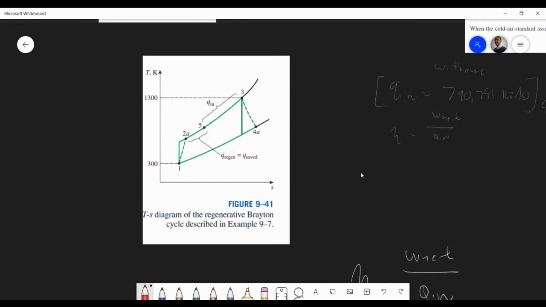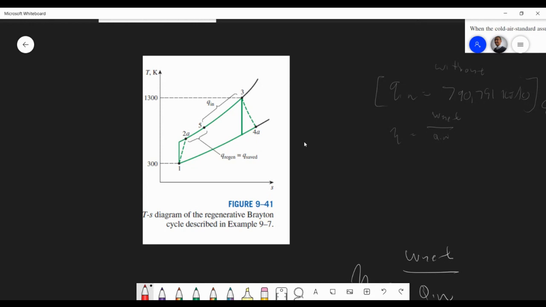What essentially happens is you shift your point 2 to 2A and your point 4 to 4A. So the compressor does a lot more work and the turbine does less work, because of pressure drops, friction, and all that. That's the next step. Are you happy with that one?